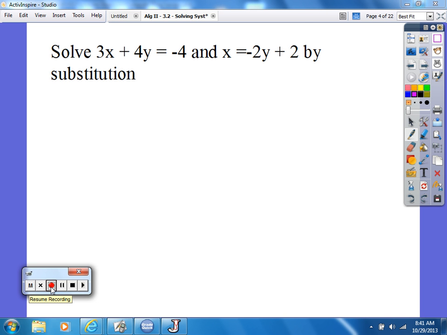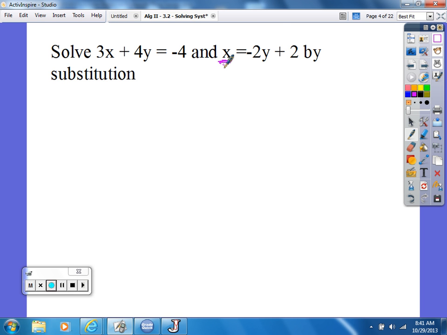So, I told you in this class you could choose whichever one to do, but there's always an easiest one. And I know I said by substitution, and that's done on purpose because it's the easiest one. When you have a letter that is all by itself, it's already solved for, I would always do substitution. It makes it very simple.